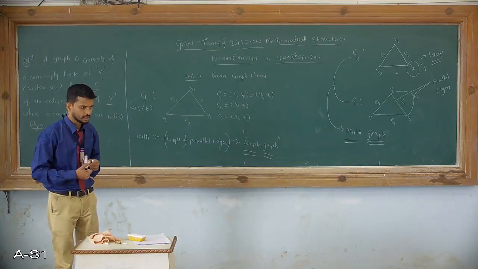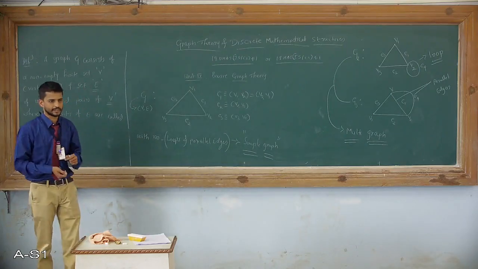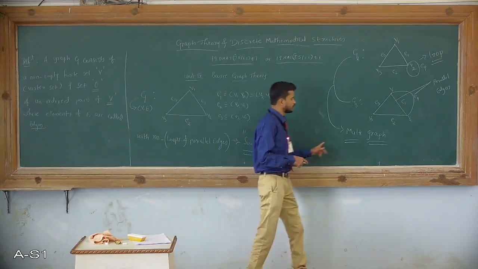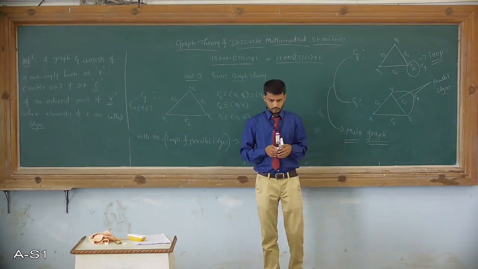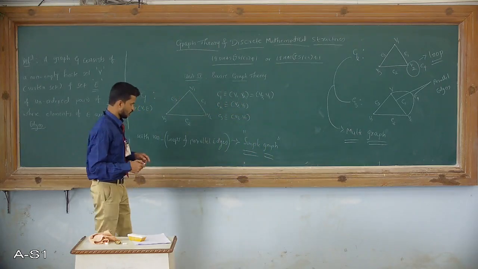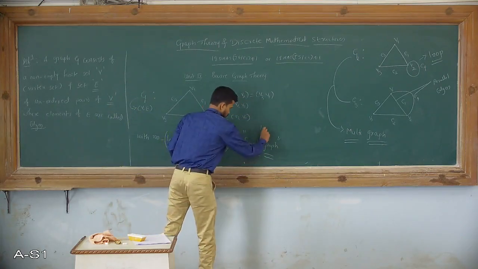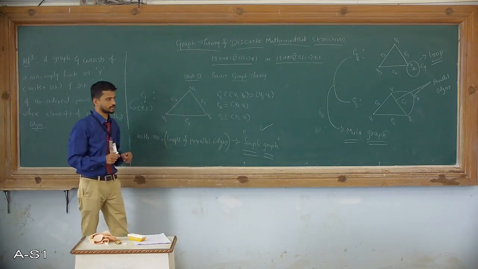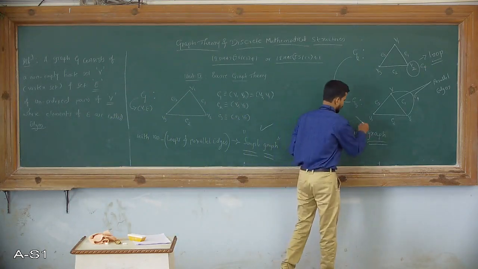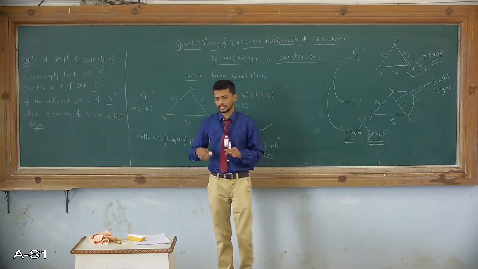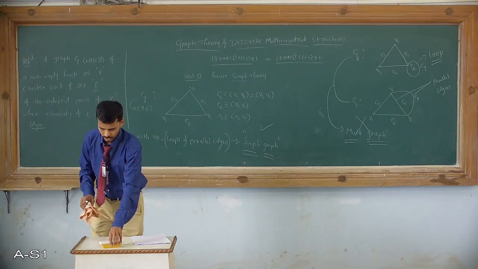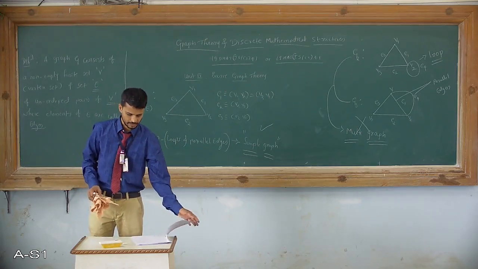Under undirected graphs, we classified two types of graphs: one is a simple graph, and another is called a multigraph. In this course, we concentrate only on simple graphs, so we will not go into detail about multigraphs. Under the simple graph concept, we will go into detail about some basic definitions and terminologies.